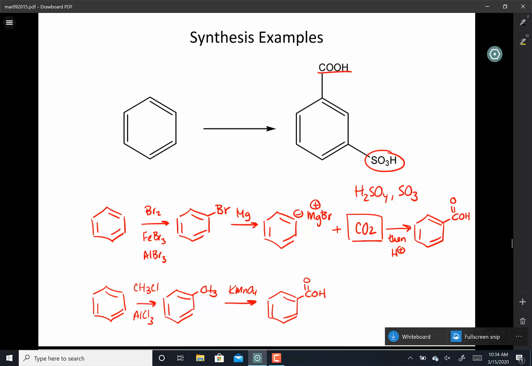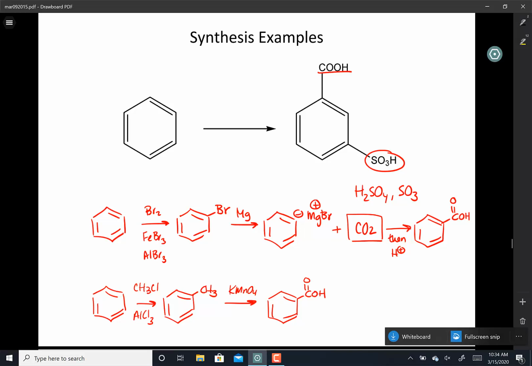So here are two ways to add a carboxylic acid group to the benzene ring. These series of reactions you're going to have to learn, because these are the ways that we're going to add those groups onto the ring. We still have the issue that these are meta groups.